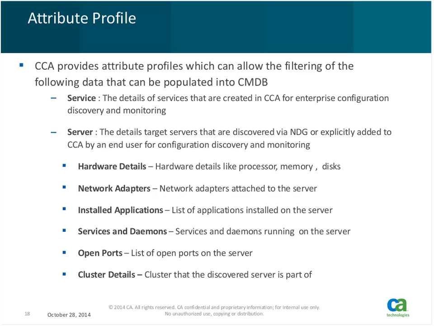Under this, we can select hardware details, network adapters, installed applications. These are all checkboxes in an attribute profile. Whatever is required, we can select those checkboxes, and the remaining things will not be sent to Catalyst. This is basically used for filtering the data.